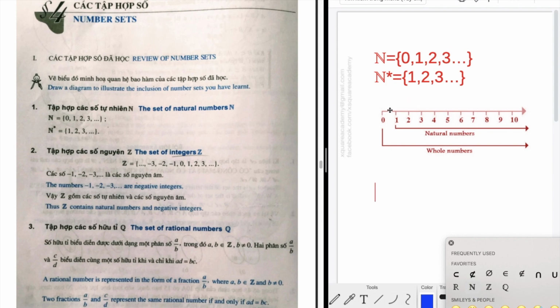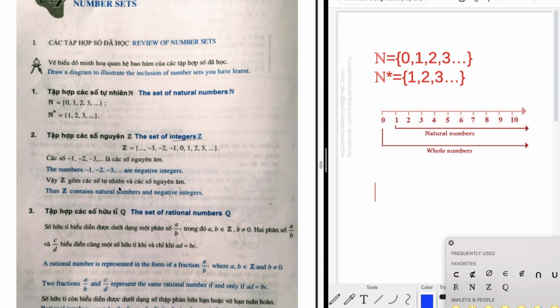You can see there are two kinds of natural numbers: natural numbers from 1 to positive infinity, which is the set with the asterisk, and the whole numbers from 0 to positive infinity.